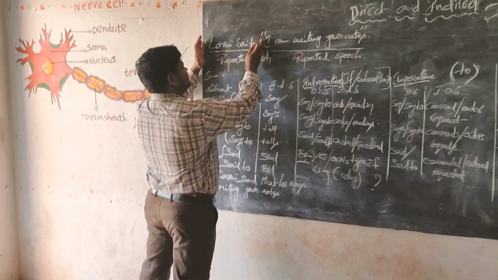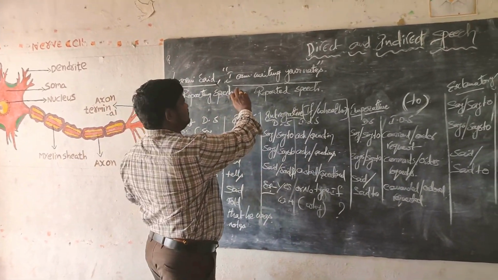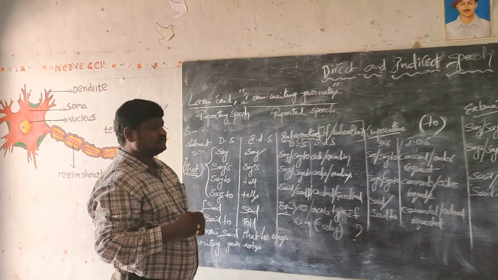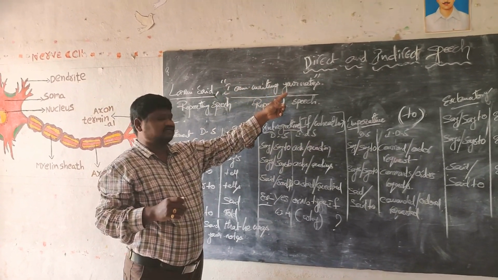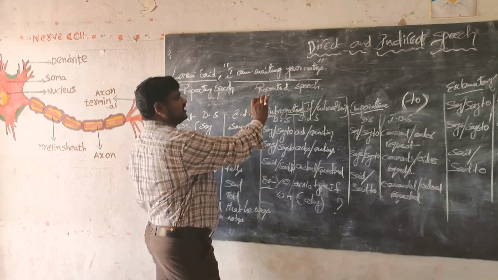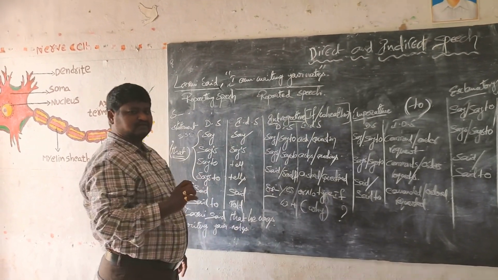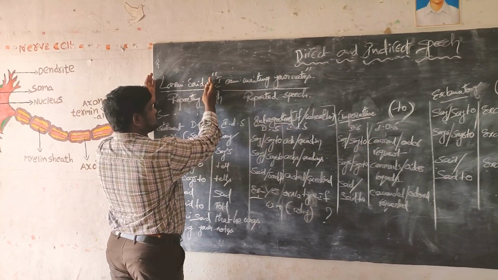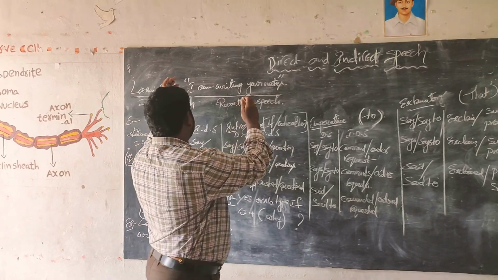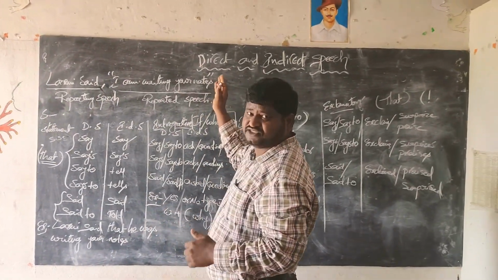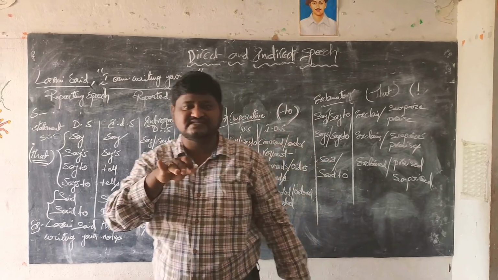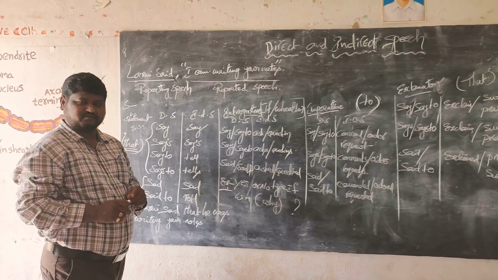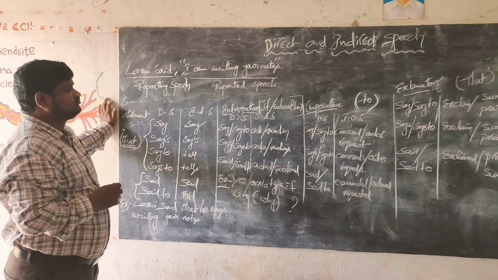The first part is the reporting speech, and the part that has double inverted commas is what we call the reported speech. Reported speech is always put in double inverted commas, double quotations.